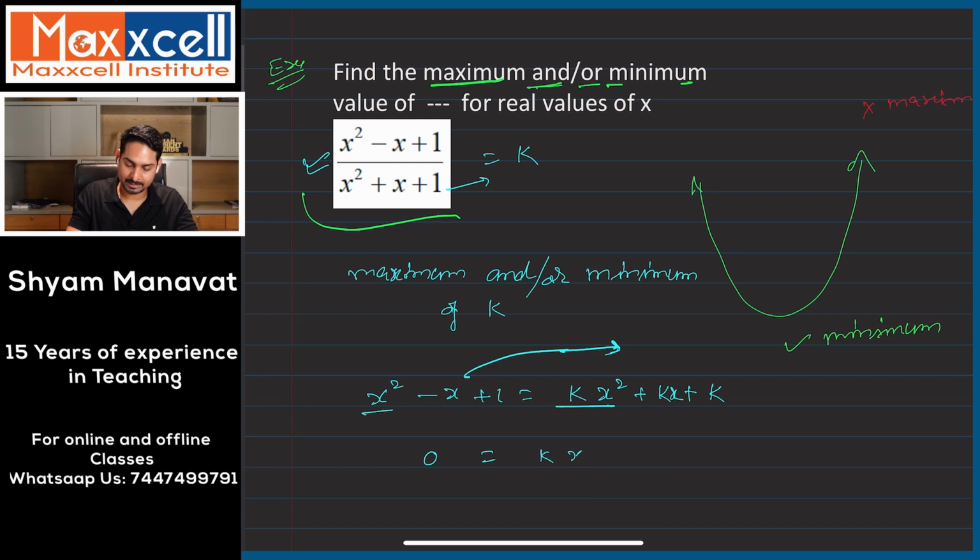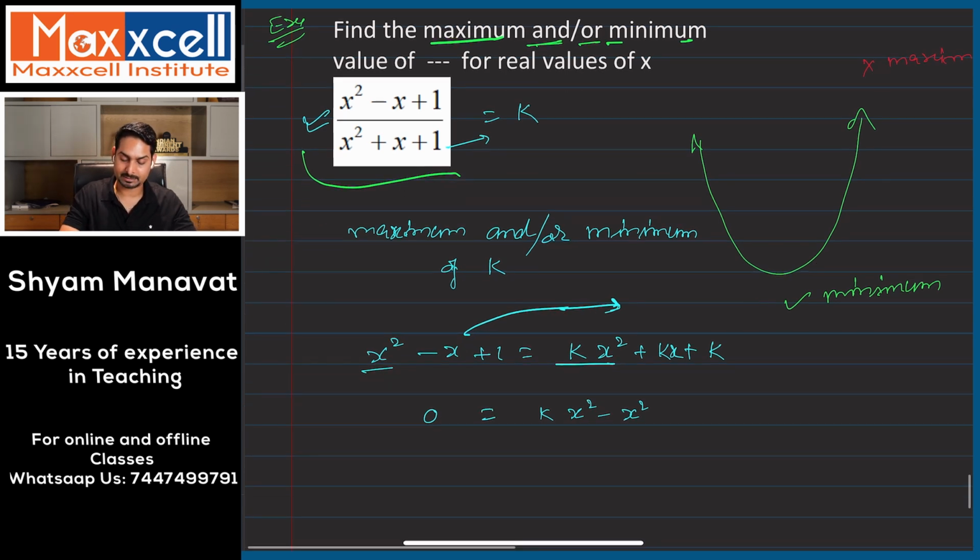You can remove this step if you find it unnecessary, because yes, that's unnecessary. Like, we don't need to write this step, but to explain to all of you, I have to take care of all students here. So then here you have kx already, and then minus x become plus x. Then you have plus k here, and the plus 1 will become minus 1 here.